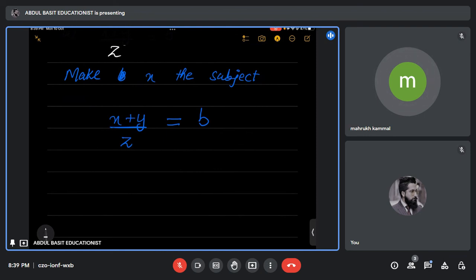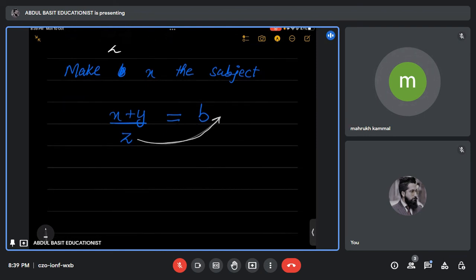So first I have to take this z over there. Agree or not? So it would be x plus y is equals to bz. Means that b and z are in multiplication. You cannot write b plus z, okay? So in order to make x the subject, this is plus y, so I have to take it to the right hand side. So it would be bz minus y. Yes or no?